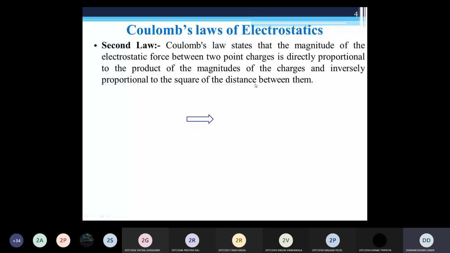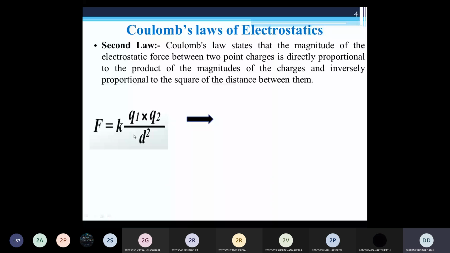Suppose two charges Q1 and Q2 are placed at distance d. You can write the equation of force as F is equal to K Q1 Q2 divided by d square. That is the force acting on these charges.